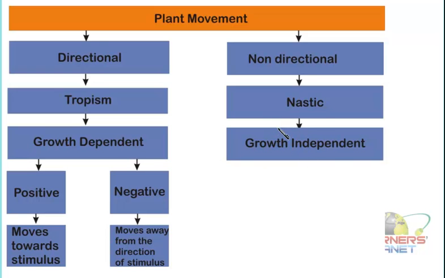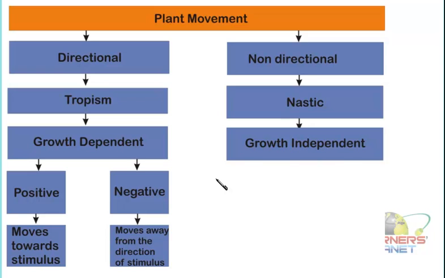Of course, these nastic movements may be linked to growth processes, or they may be growth independent. So nastic movements show both. Now, when they are linked with growth, the movement or that particular effect is established forever.